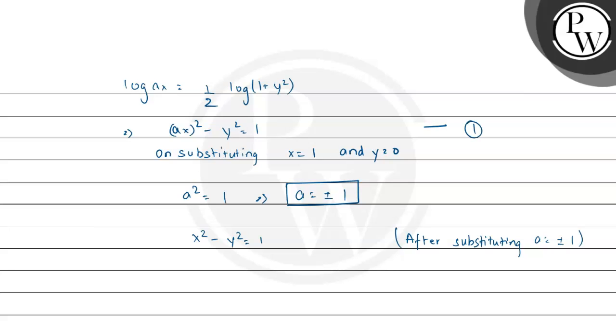Alright, so we have our equation, and x square minus y square equal to 1 is a hyperbola.